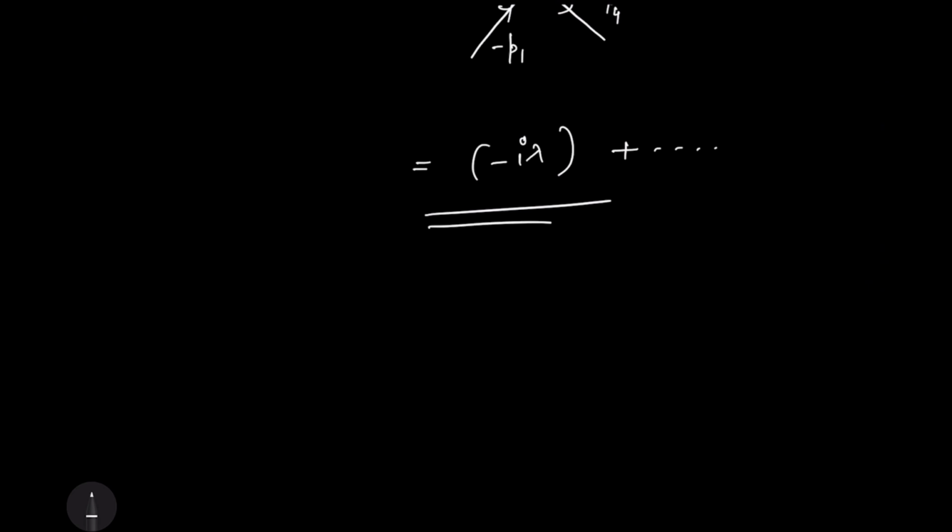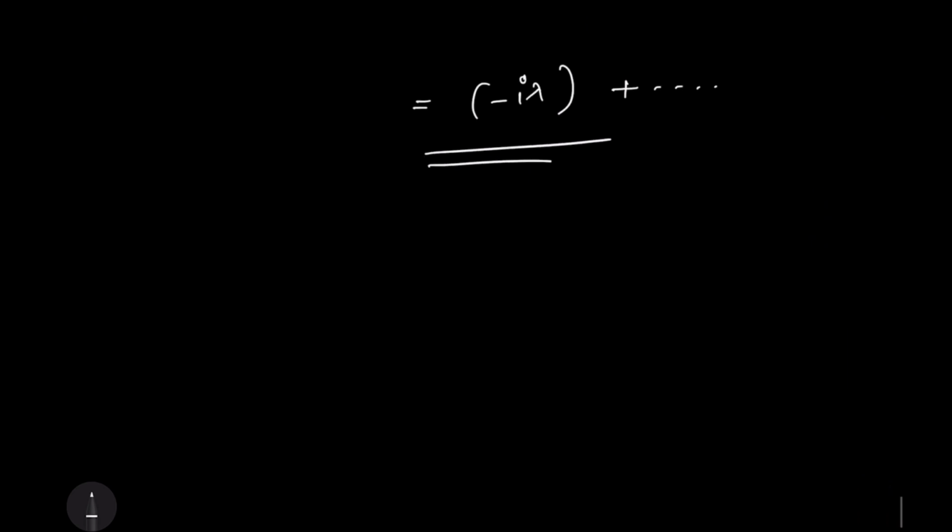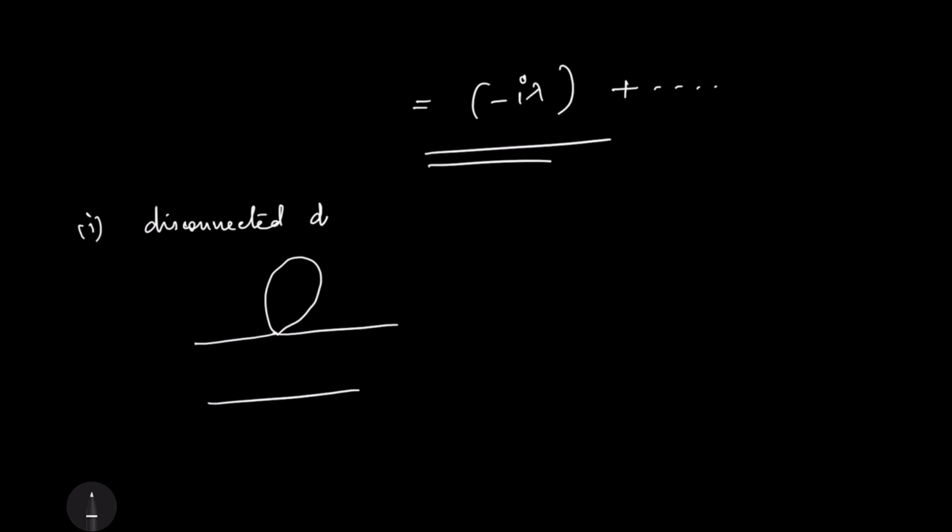Now I have some remarks to make, okay, which is regarding the disconnected diagram. The disconnected diagrams factorize into subscattering processes of lower orders. For example, this is a disconnected diagram, right? Now this is actually factorized into subscattering processes.